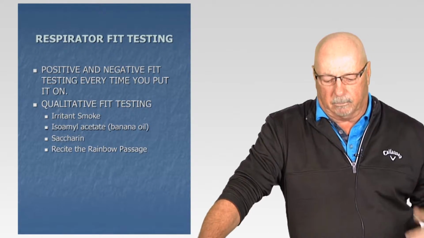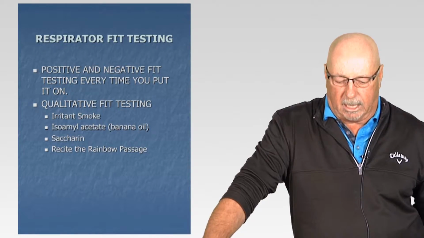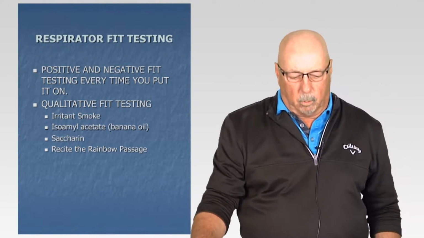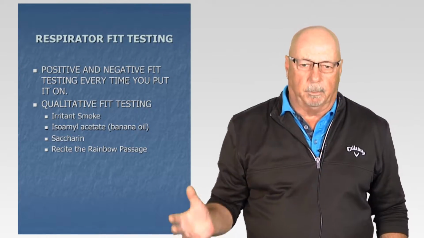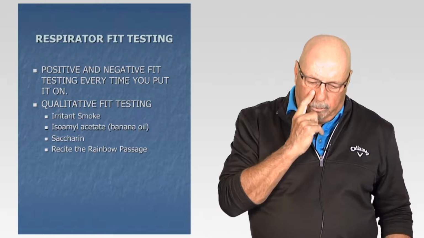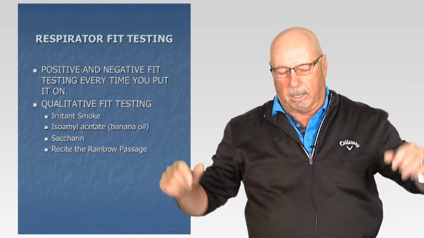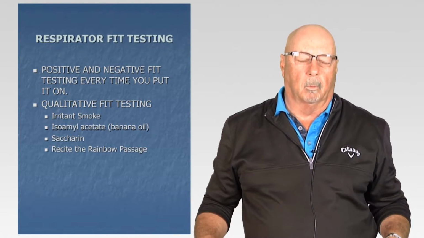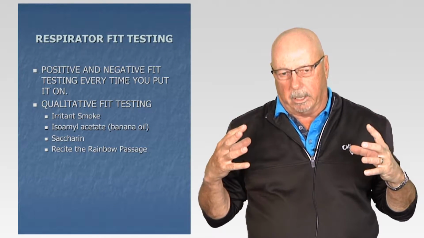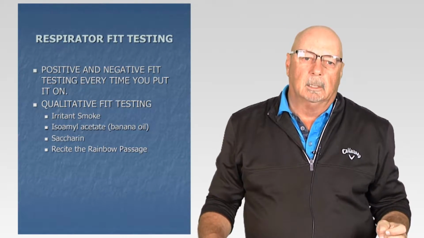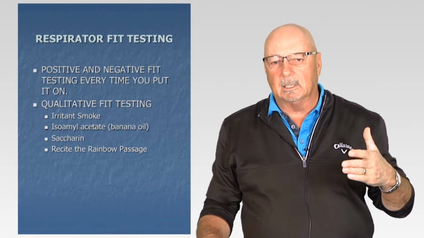The other types of fit test we have from a qualitative fit testing standpoint, we have what we refer to as an irritant smoke. Basically, what we do is we get a little clear plastic tent. We put the worker inside of the tent enclosure, wearing the respirator, and we inject a compound that is basically an irritant.